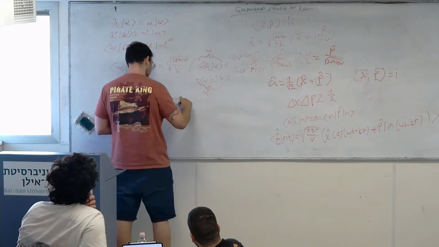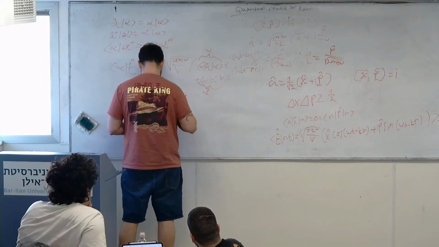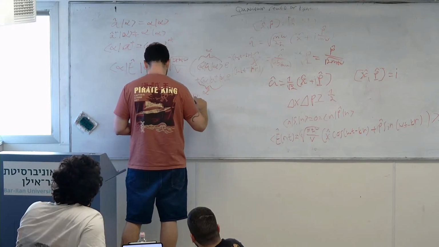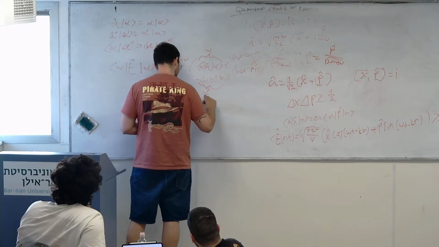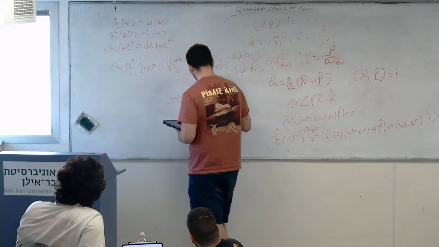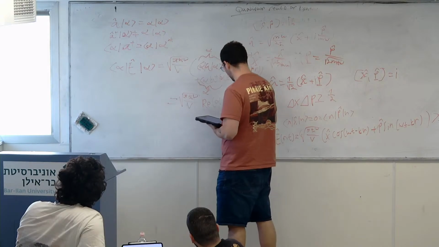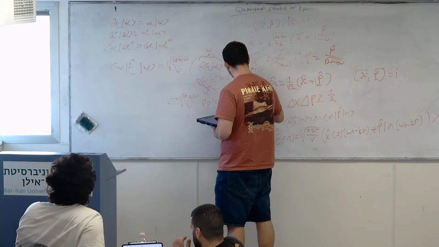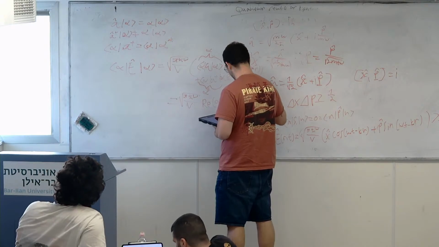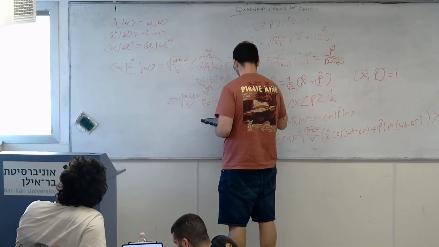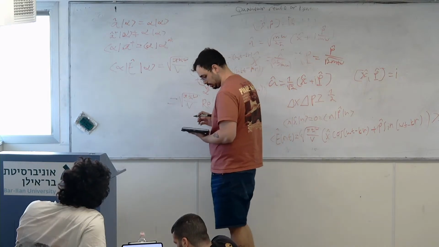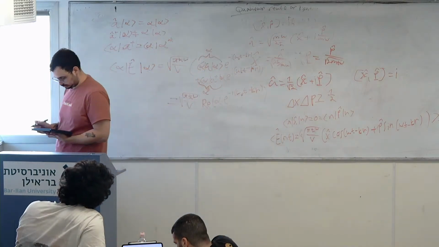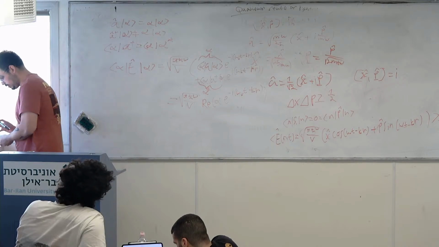And overall, this will be equal to the square root of pi h bar omega over v times the real part of alpha e to the minus i (omega t minus k r).